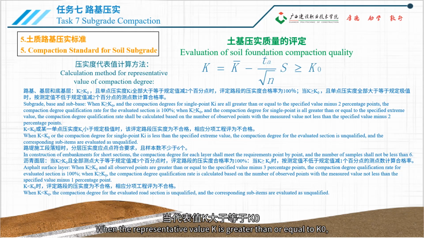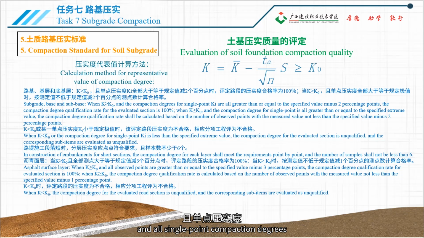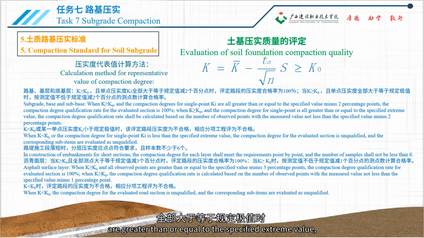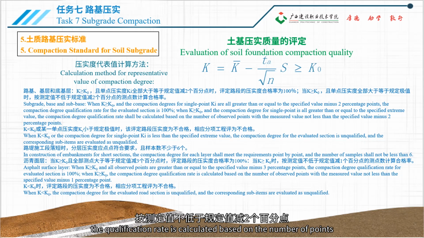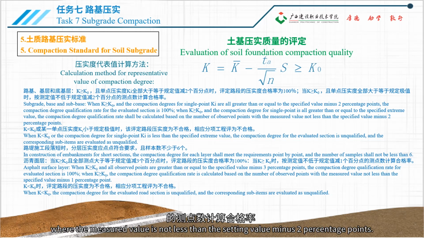When the representative value K is greater than or equal to K0, and all single-point compaction degrees are greater than or equal to the specified extreme value, the qualification rate is calculated based on the number of points where the measured value is not less than the setting value minus 2 percentage points.